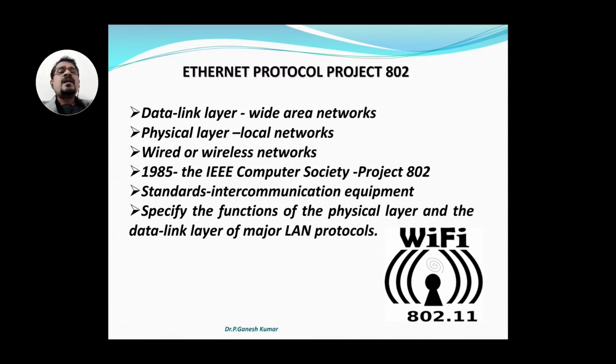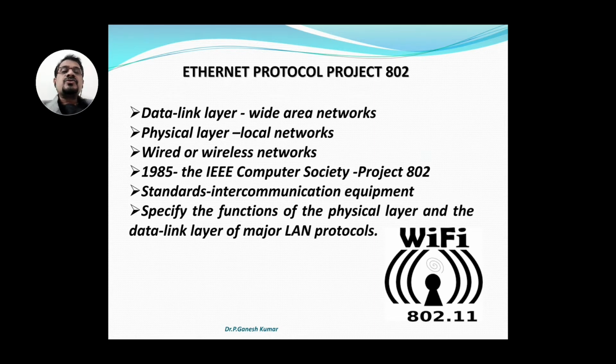It defines the standards and interconnection of equipment. If I am going to develop equipment that supports a wireless LAN, what standard do I have to follow when manufacturing it? IEEE project 802 defines the standards and how intercommunication happens with the help of that equipment.